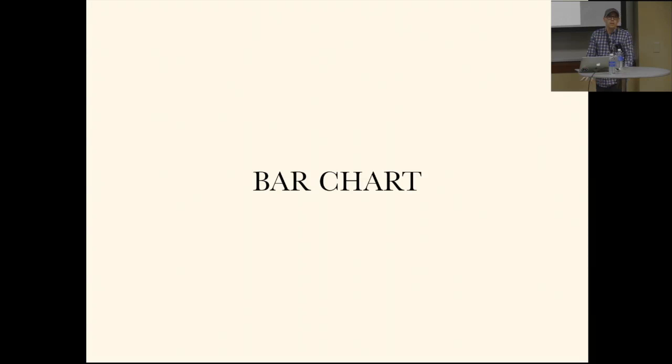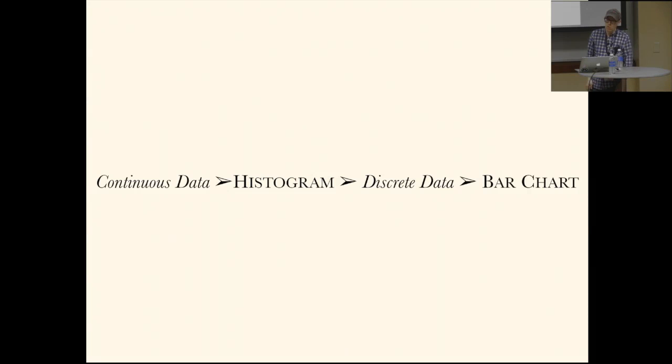A bar chart, on the other hand, is a picture of discrete data. If I think of data visualization as a pipeline, I'd pipe my continuous data into a histogram, I would get discrete data out, and then I would pipe that into the bar chart. And if I just had discrete data, I would represent it with a bar chart. As advertised, this is a pedantic distinction.